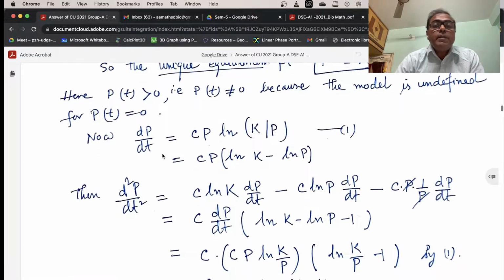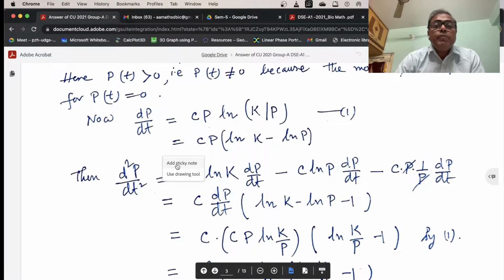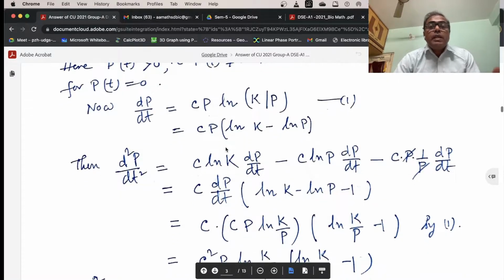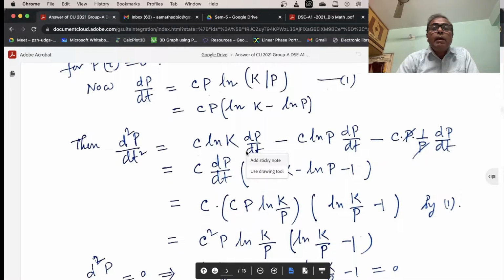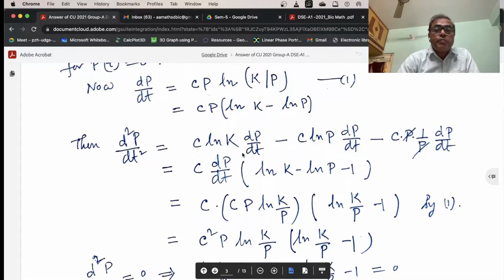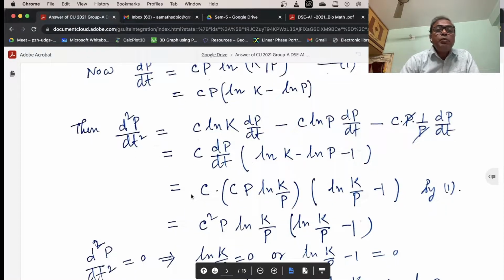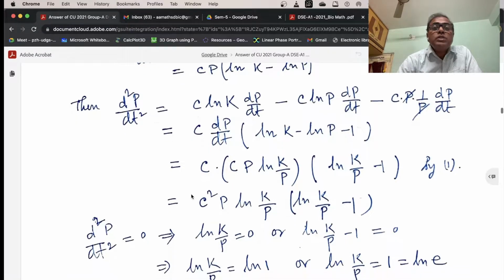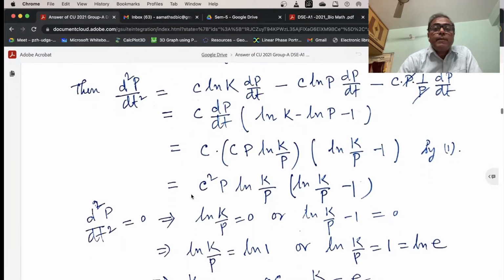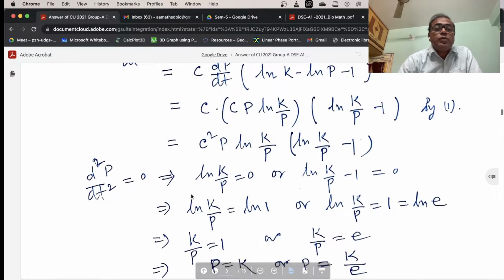Now we find dP/dt = C P (ln K minus ln P). And next the second derivative d2P/dt squared is equal to C ln(K/P) dP/dt, so it is C squared P ln(K/P) (ln(K/P) minus 1).